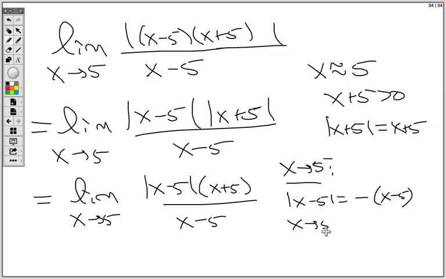Whereas if I come into 5 from the right, I'm plugging in numbers a little greater than 5. So x minus 5 would be a positive number, and the absolute value would leave that quantity the same. So since I have two different simplifications for the absolute value, I've got to bust this limit up into the two different directions.